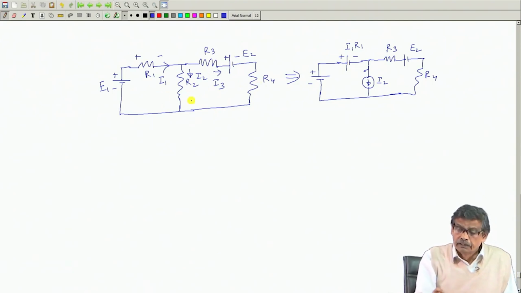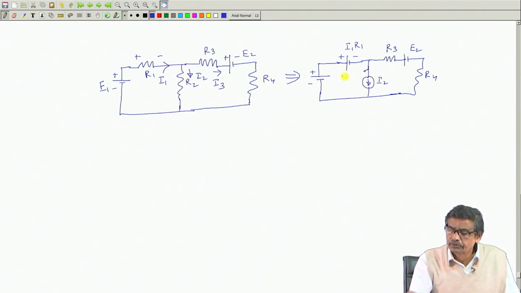Suppose I1, I2, I3 are the unknown actual currents in this network. This branch can be replaced by a current source. These are not identical networks, but when this R2 is replaced by a current source I2, they are equivalent in the sense that all the branch currents and node voltages will remain the same.